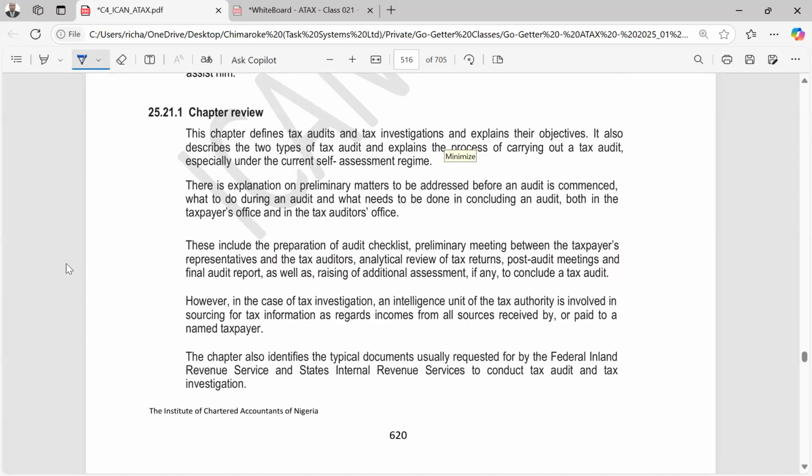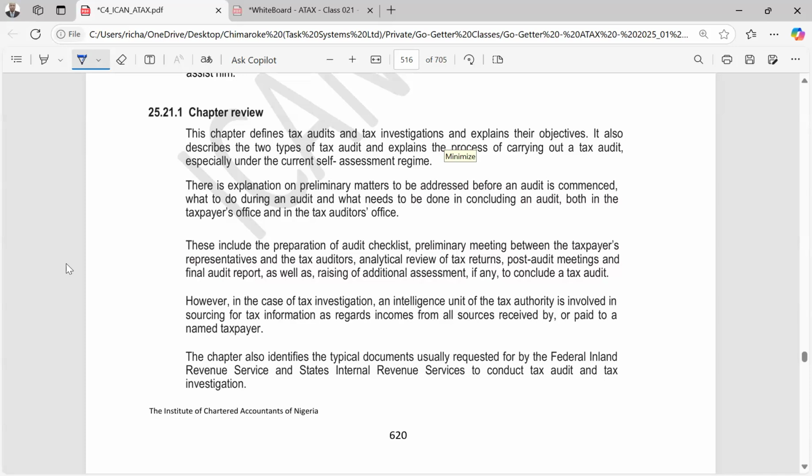We also saw the steps involved in tax audits, and we also saw tax investigation and its steps. We compared tax audit and tax investigation side by side, and found that one of them has more scope, more detailed work, and leads to prosecution of the offender, while the other one is just a routine thing and does not take as much scope as the tax investigation.